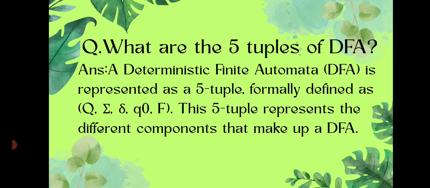So this 5 tuple represents the different components that make up a DFA. So for the formation of DFA, it is required to have these 5 tuples. Once again I repeat, Q, which is capital Q, summation, delta, Q node and F.